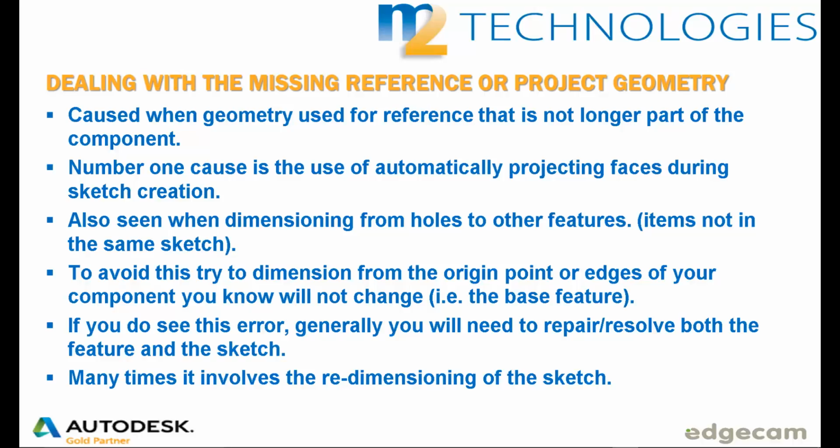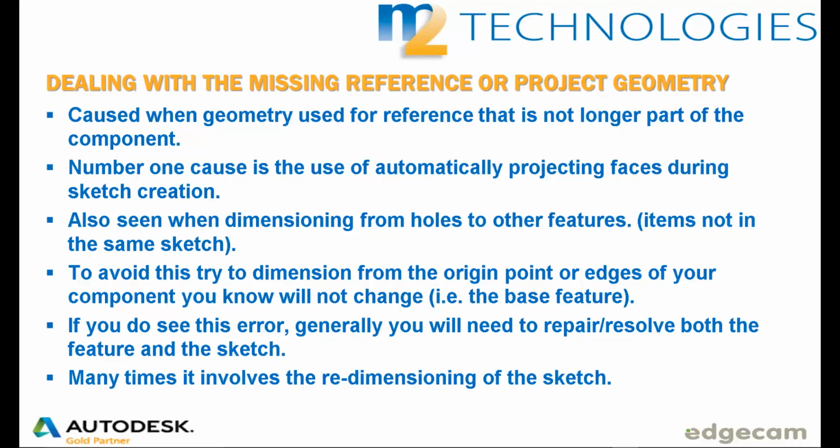Generally, it is caused when you dimension or create a geometric reference, such as concentric, to a sketch entity from a consumed feature, and that is no longer available. You've either deleted it, replaced it, or done something like that.